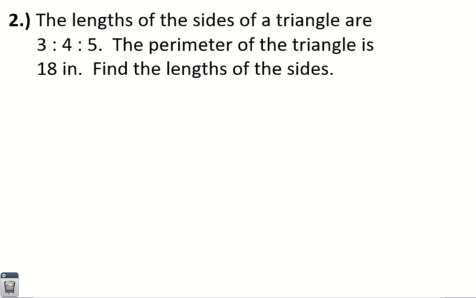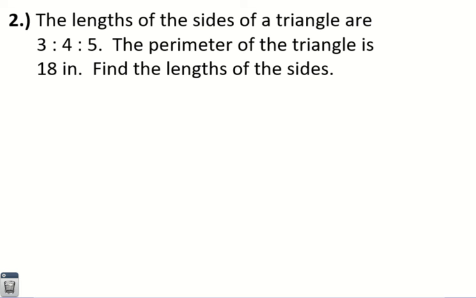Long story short, when they say it's 3 to 4 to 5, that doesn't mean that the sides are 3 inches, 4 inches, and 5 inches. I mean, it could, but 3 to 4 to 5 just means it's in that ratio. You know what I mean?